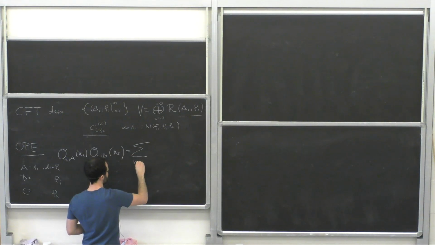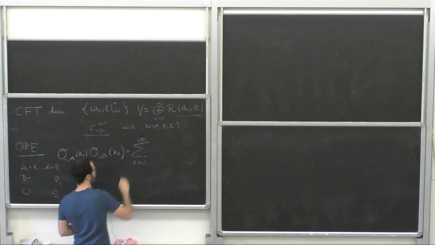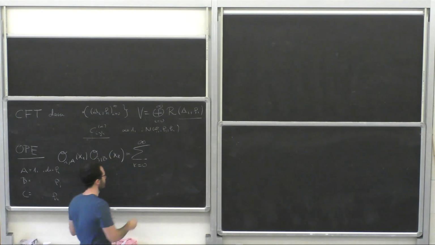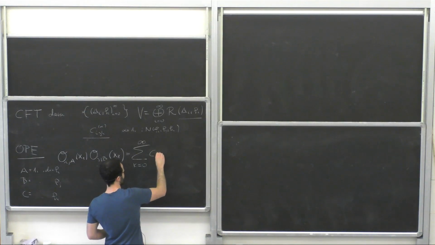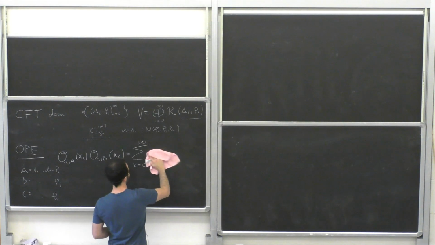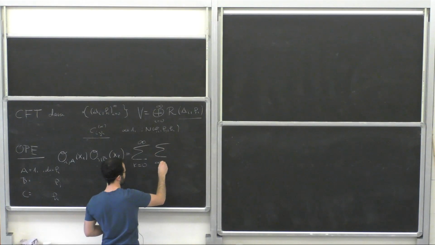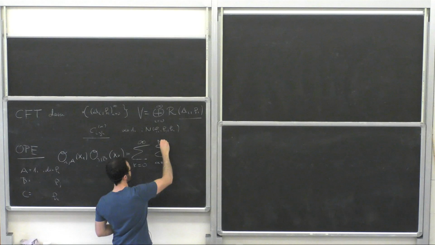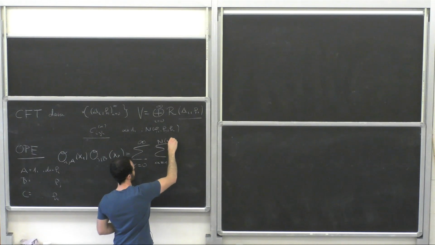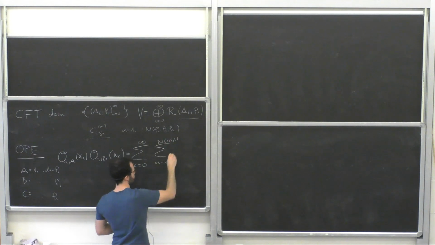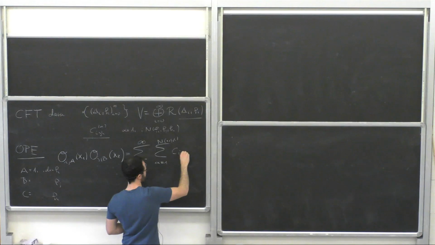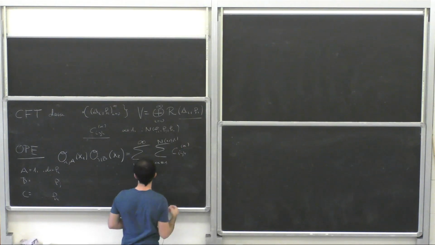So firstly, we are summing over all of the representations. Then there is some coefficient, which is the same as the OPE coefficient. Sorry, okay, I need to sum also over the structure. So we need to sum over this alpha, which is some finite number of these structures. That's supposed to be the same number. Then we have a C_IJK^α.